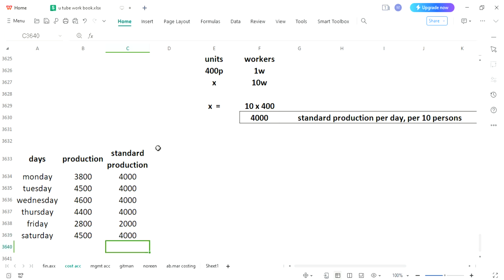Standard production we have calculated. Now we will see if extra production has been calculated. Extra means more than standard production.